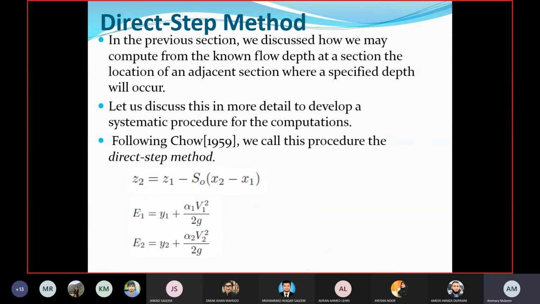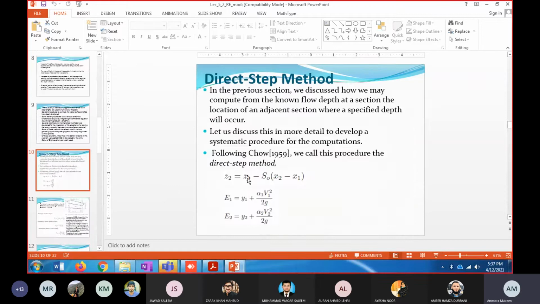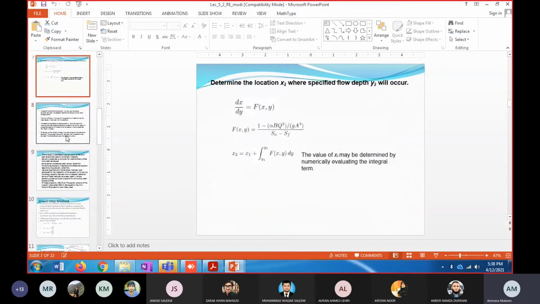Okay, so what is this equation? Z2 minus Z1 is equal to S naught times delta x. So these are actually the equations. Yeah, bed slope. So bed slope can be calculated.